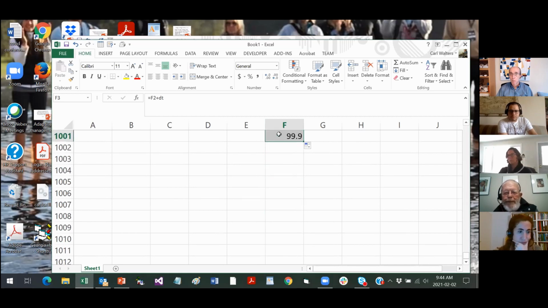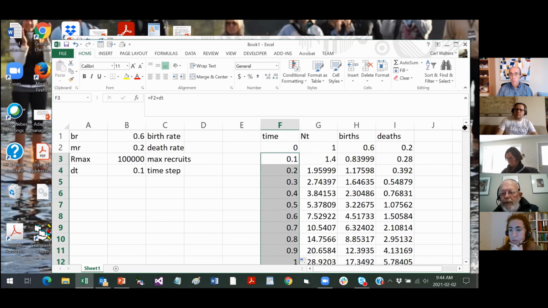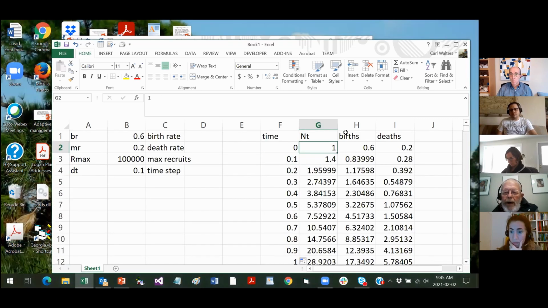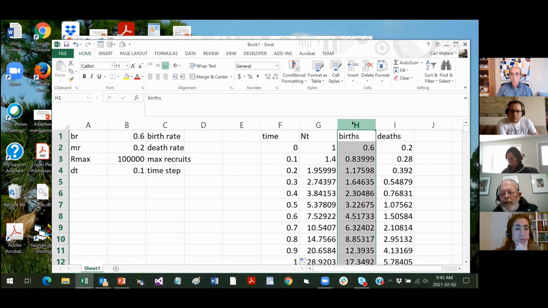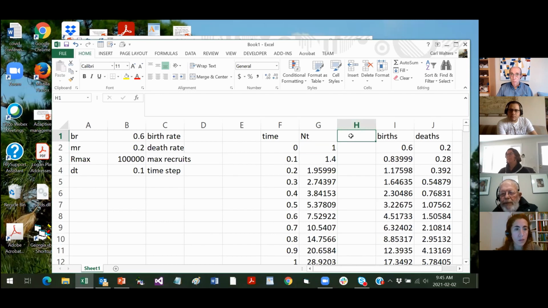That will get me to 99.9 years of predictions at steps of 1/10 of a year. Okay, now I'm still going to have an N(t) column here, but I'm going to insert a column in the spreadsheet for rate of change of numbers over time. Okay, fair enough.